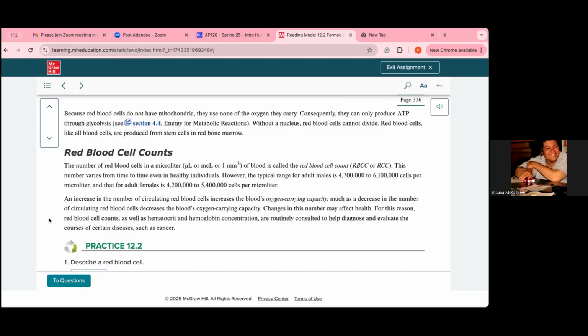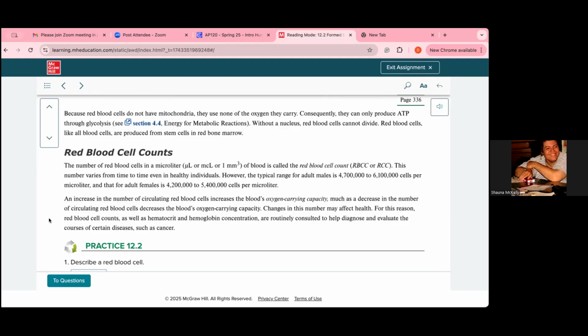This number varies from time to time, even in healthy individuals. However, the typical range for adult males is 4,700,000 to 6,100,000 cells per microliter, and that for adult females is 4,200,000 to 5,400,000 cells per microliter.